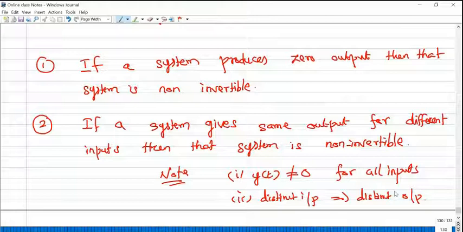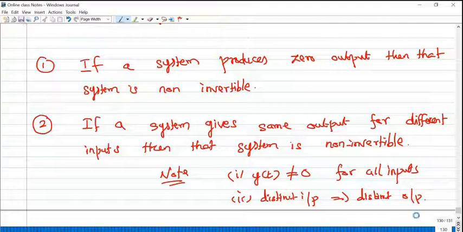More than one input gives the same output. Or let us consider cos pi is minus 1, cos 3 pi minus 1, cos 5 pi minus 1. So if more than one input gives the same output, then we are unable to recover our original input. We cannot guess whether the input is cos pi or cos 3 pi or cos 5 pi. So there are two rules to be satisfied.